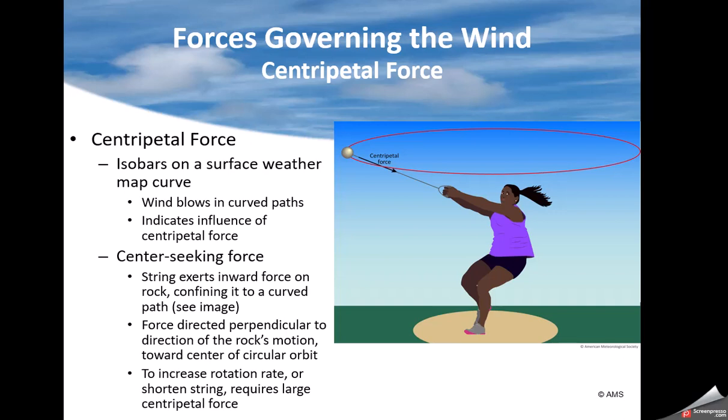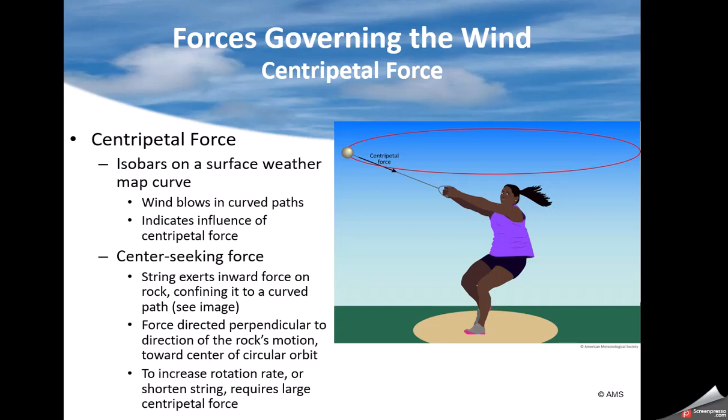There's another force called centripetal force. When you are driving your car and go around a corner, what keeps you from constantly going straight and never being able to make a corner? Well, it's something called centripetal force. It holds you in and pulls you around that corner. It happens to air as well when you see air moving in a circle.